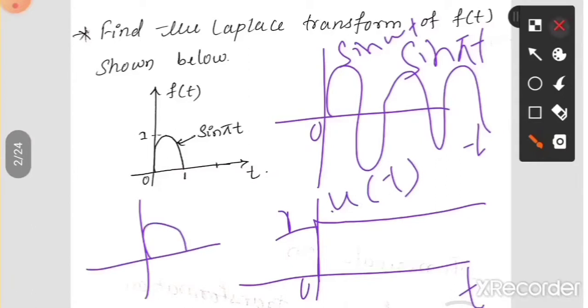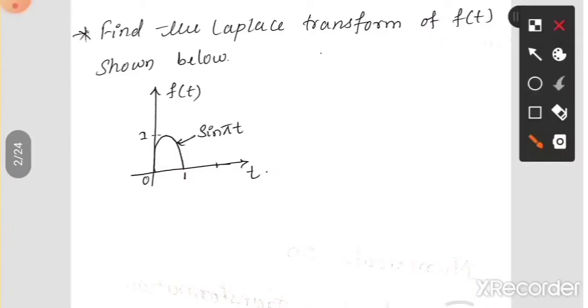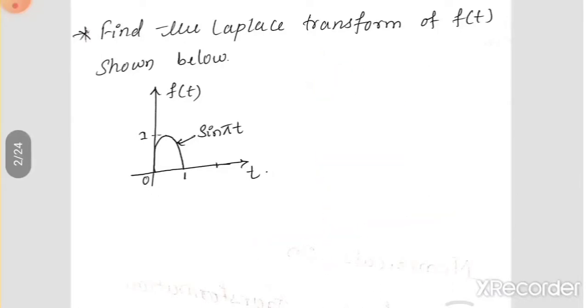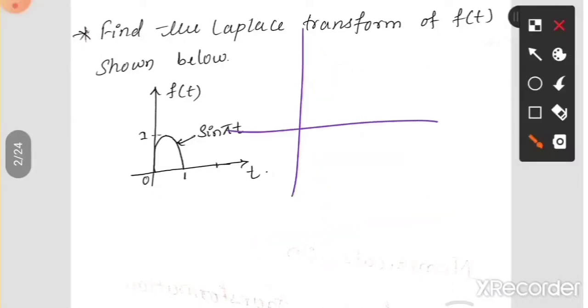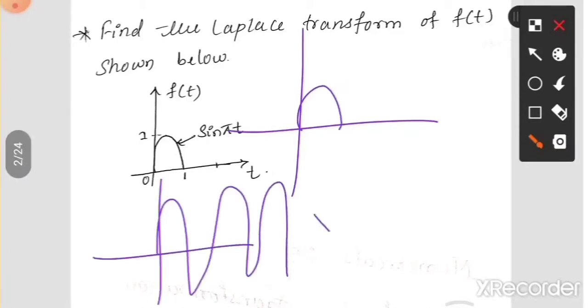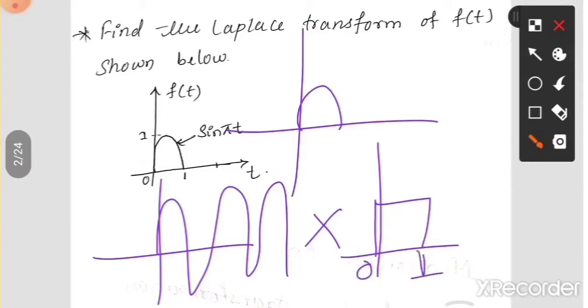To get that particular signal, we can multiply the sinusoidal wave with a pulse, which is of a range from 0 to 1 with a magnitude 1.